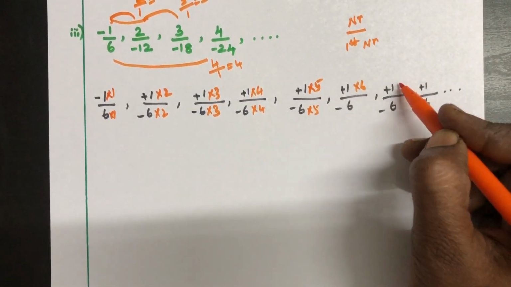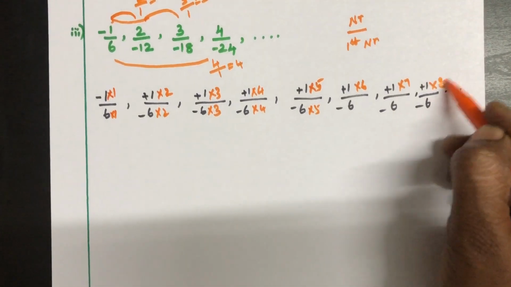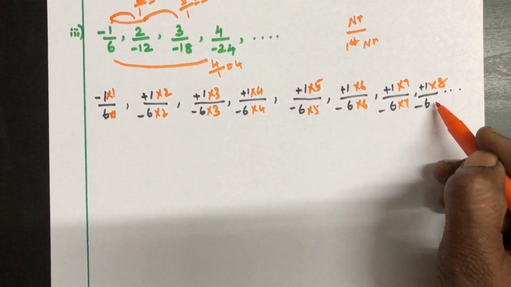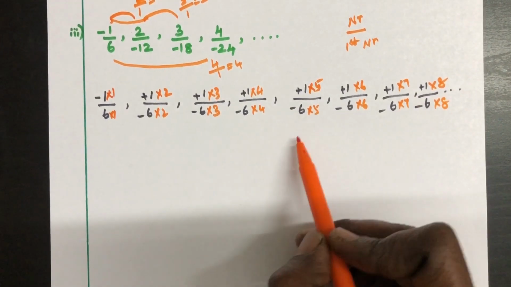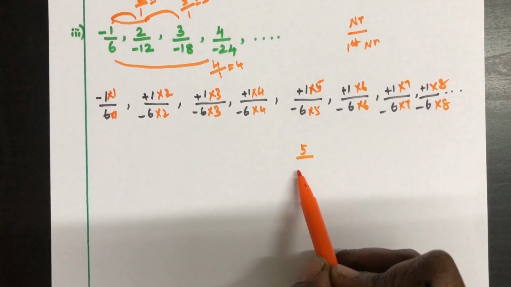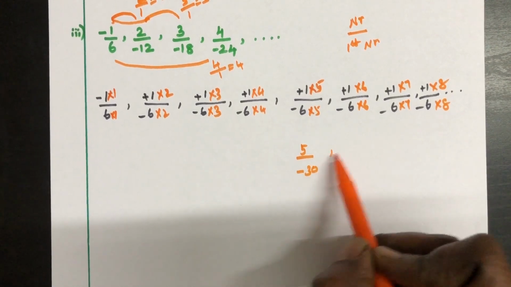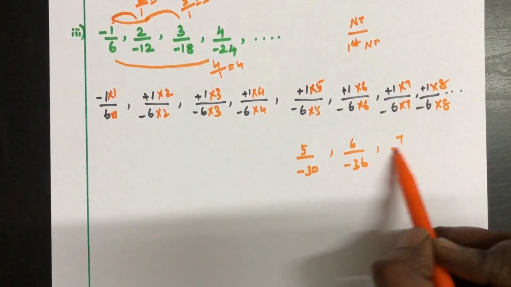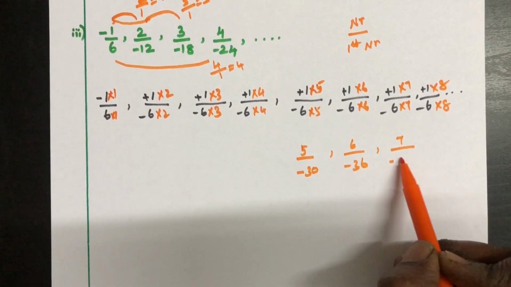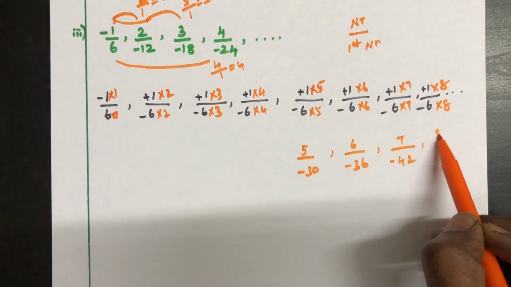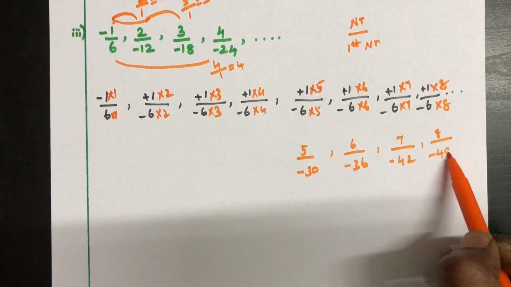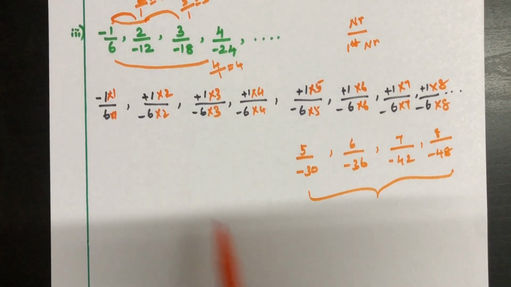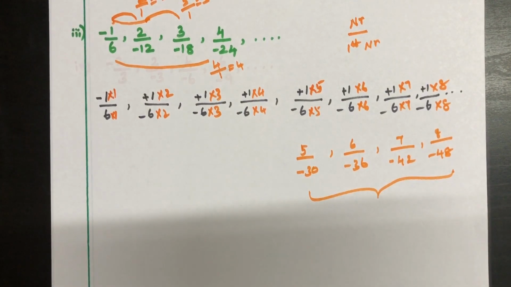So 6, 7, 8, this is how our pattern will go, into 7, into 8. Now what is this? 5 divided by minus 30, 6 divided by minus 36, 7 divided by minus 42, 8 divided by minus 48. So these are our next 4 rational numbers in the given pattern.